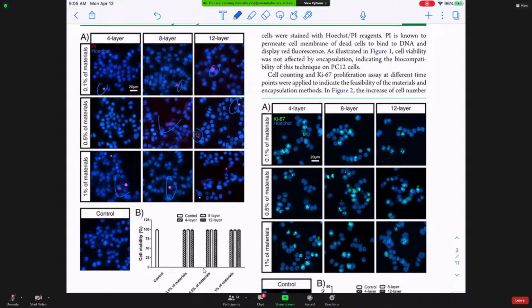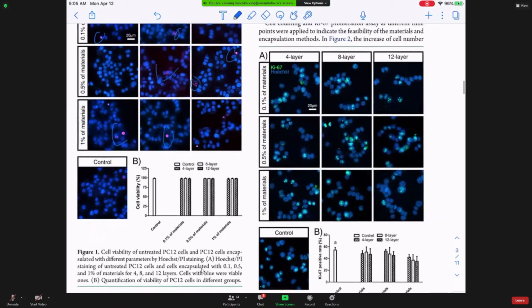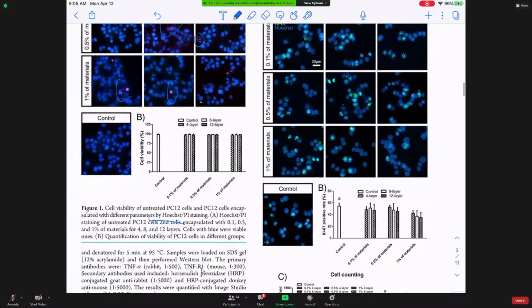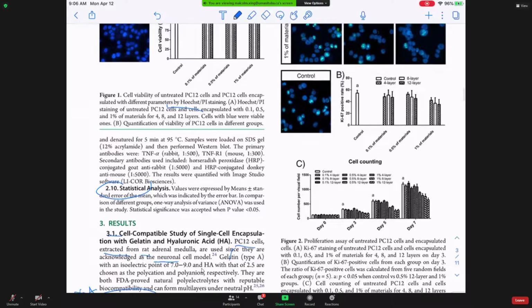That means they're okay and good. Hoechst and PI staining detects whether cells are dead or living, and that's the expected result.